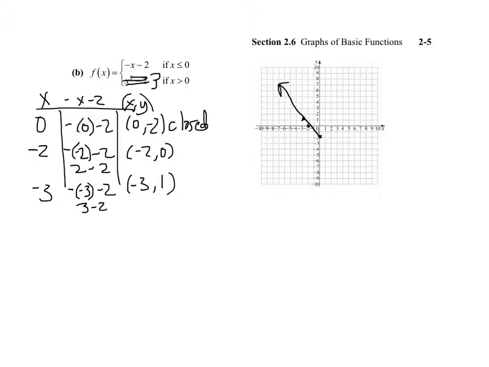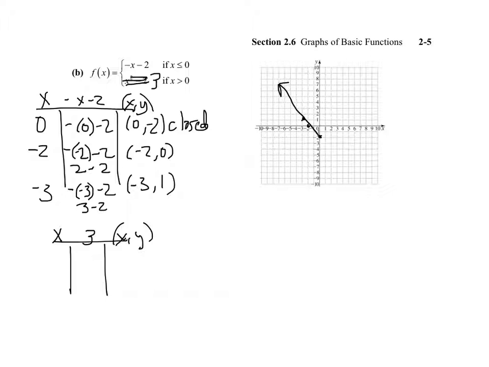For the bottom equation, since f of x equals 3 when x is greater than 0, you may know how to go straight to the graph to put it on, but if you don't, this is a very simple way to do it. In order to get your ordered pair, I just need to make sure I stay with my domain restriction.